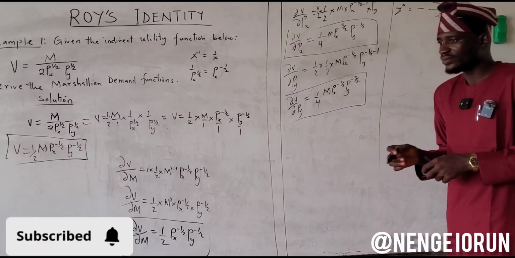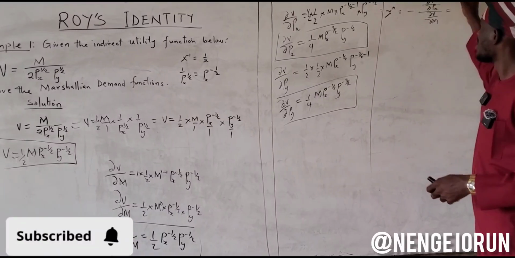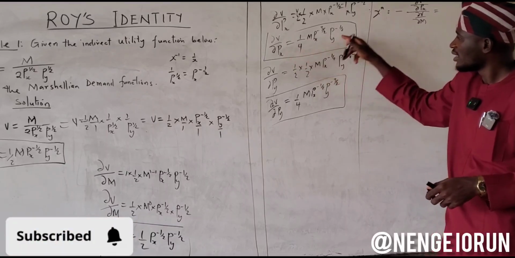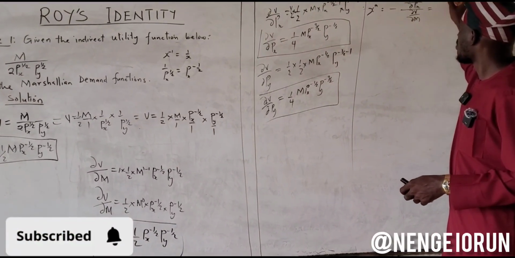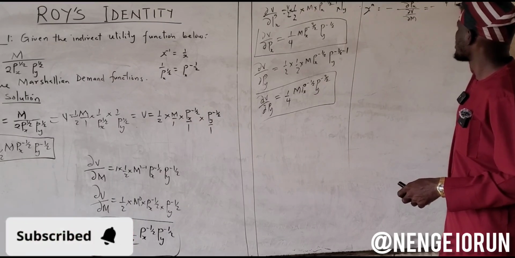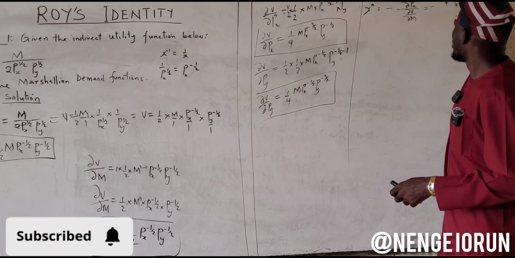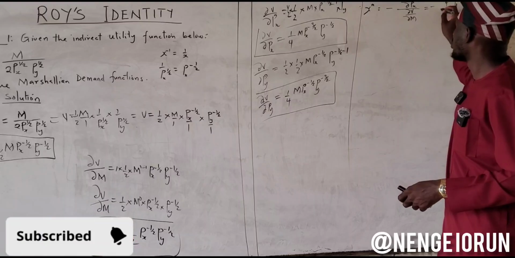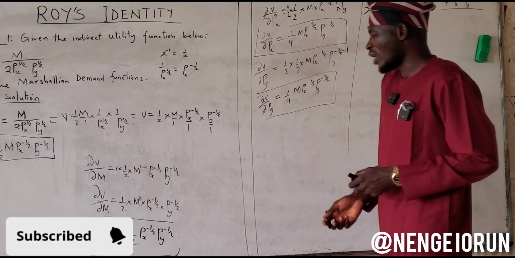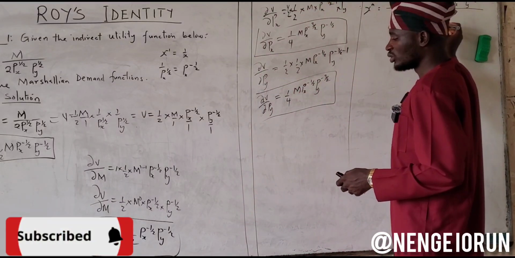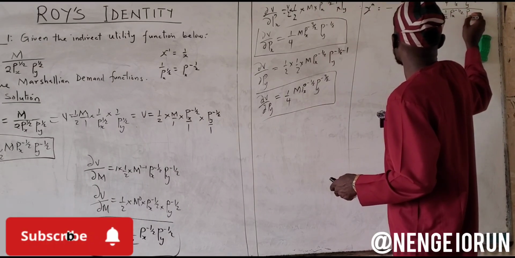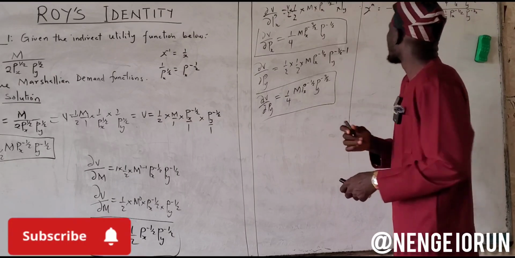As a result of substitution, the partial derivative of V with respect to Px, look at the answer here, we have negative 1 over 4 M Px raised to negative 3 over 2 Py raised to negative 1 over 2, all divided by the partial derivative of V with respect to income, which is 1 over 2 Px raised to negative half, Py raised to negative half.